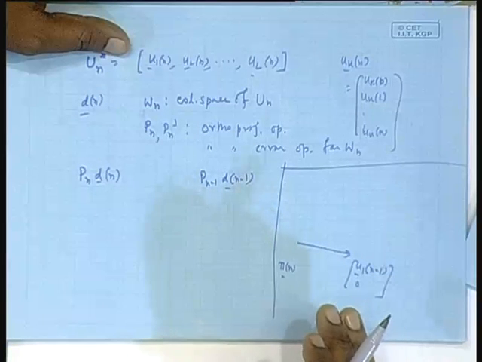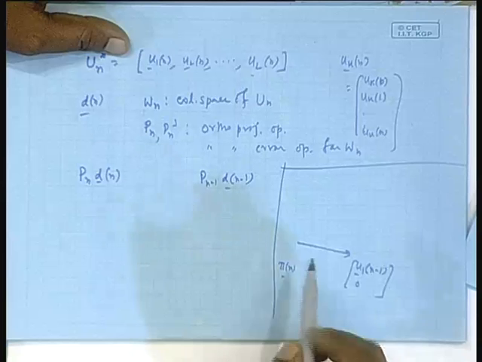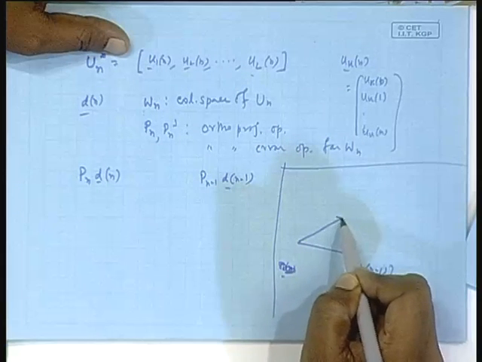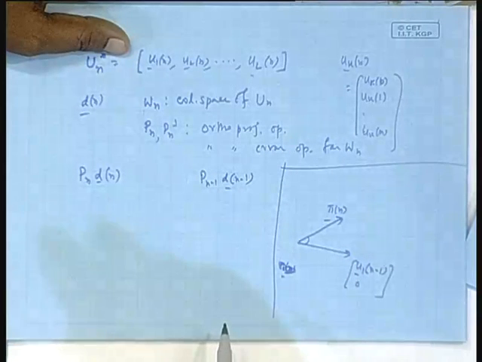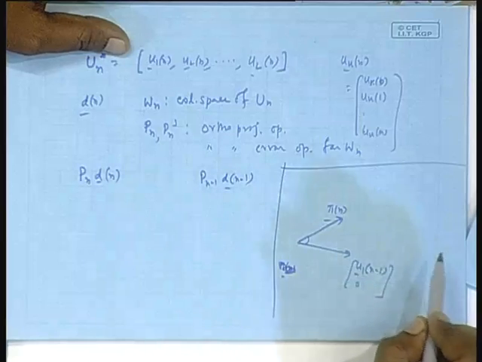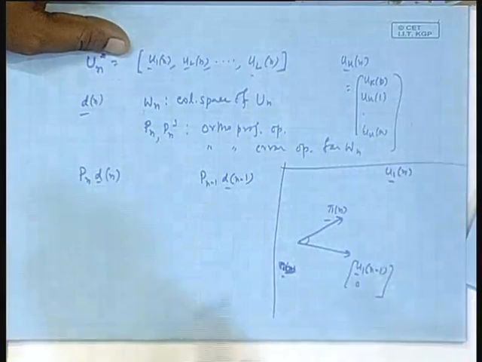You understand those two will be orthogonal to each other, pi n and these two. So pi n could be like this, 90 degrees, this is pi n, and consider the vector u 1 n. What is u 1 n?